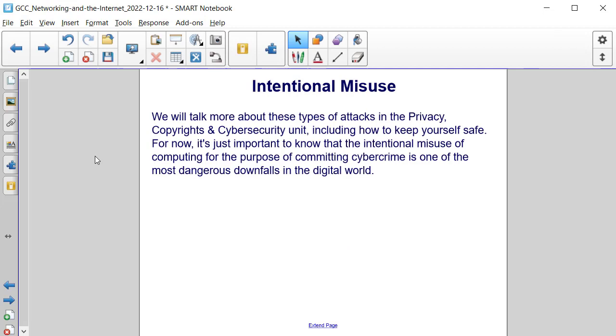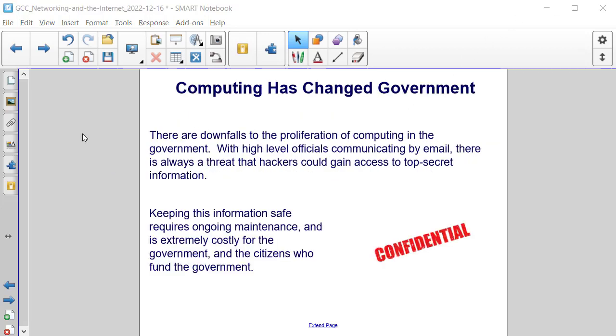We will talk more about these types of attacks in the Privacy, Copyrights, and Cybersecurity unit, including how to keep yourself safe. For now, it's just important to know that the intentional misuse of computing for the purposes of committing cybercrime is one of the most dangerous downfalls in the digital world.